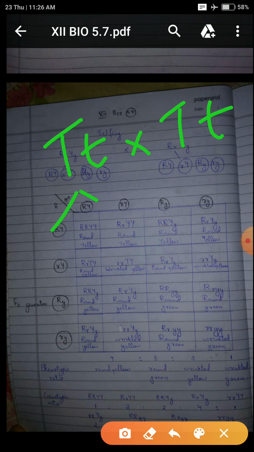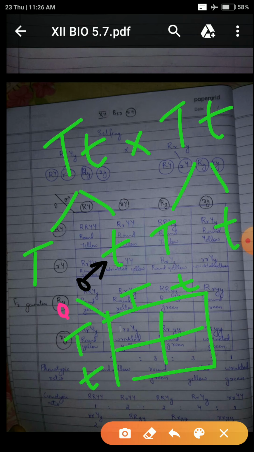You took the different gametes, capital T and small t, and made a box. You put capital T here and small t here, one of them male and the other female. This is how you usually mate, because you had 2 gametes on each side.